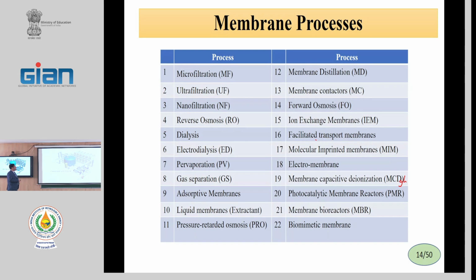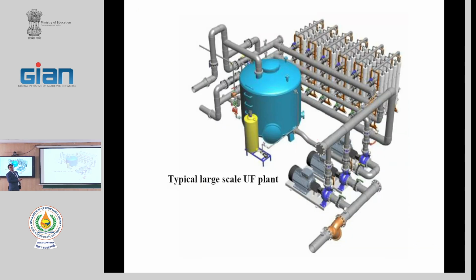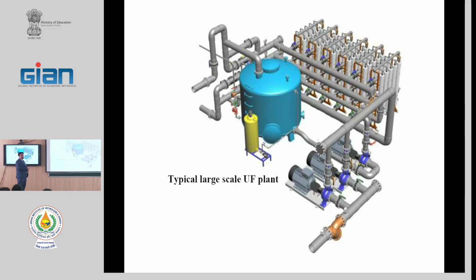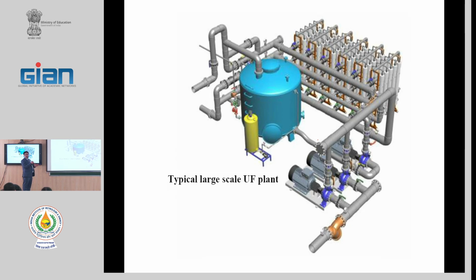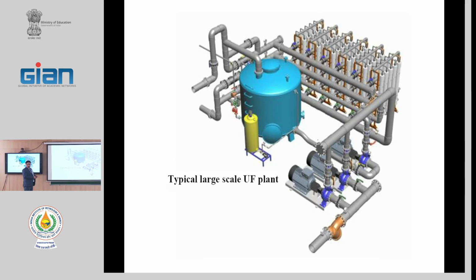This is a typical large-scale MF, UF, and NF or RO plant. We usually have a feed tank. We have many pumps based on the volume of the factory, and these pumps apply pressure to the feed, and feed goes to the pressure vessels and passes through the modules, dividing into two streams, one concentrate and one permeate.